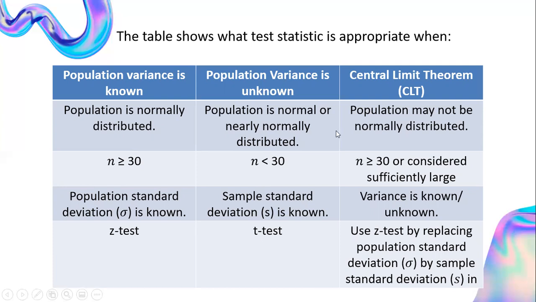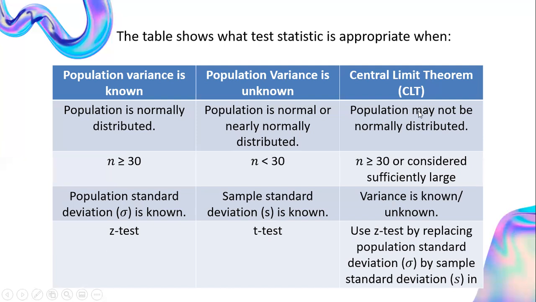But even if your n is less than 30, if the standard deviation given is from the population, then you will use the z-test and not the t-test anymore. Okay?